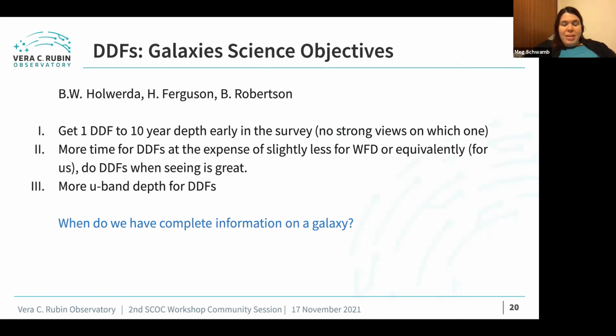Is this something that will happen in commissioning, to check that all the deep drilling processing works correctly? Or is Galaxies able to use the wide, fast, deep 10-year test during commissioning as a data set to get started on these science objectives?